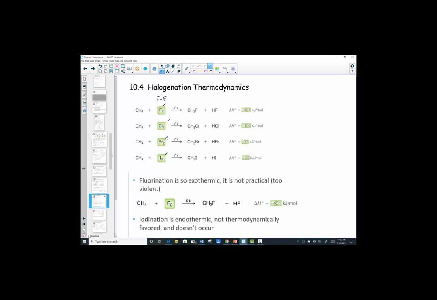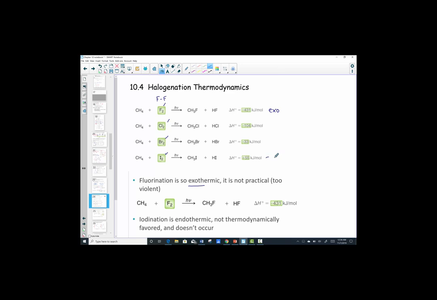And how much energy does it take to break those bonds? Well, look at the number there for fluorine, negative 431. That's a very exothermic process. So much energy is released, it's actually quite violent. It's so exothermic, it's not practical to fluorinate a carbon-hydrogen bond.